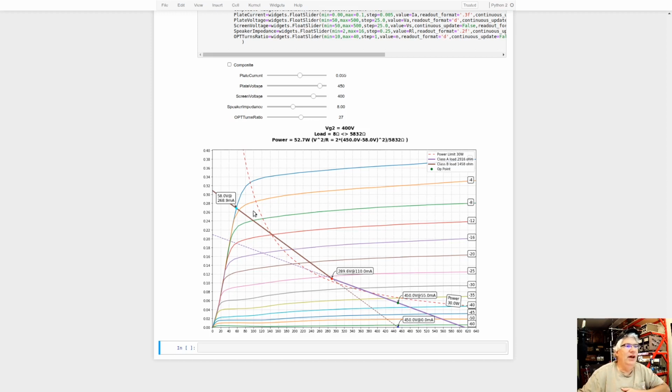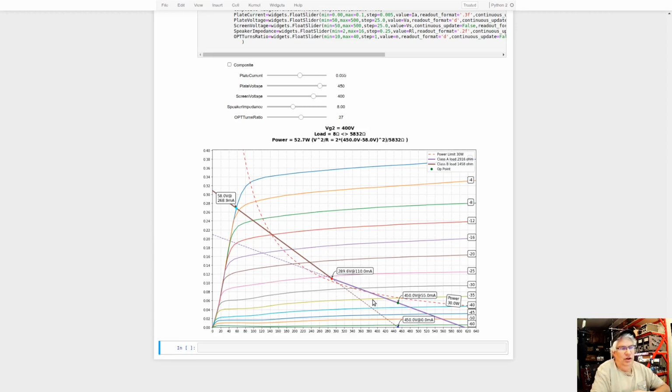And when it switches over to only being Class B, which means one tube's on, the other tube's off, that's half of that. So that's what, 1450? It draws more current when it's doing that. And so that load line's different. So that's why there's these two different slopes.